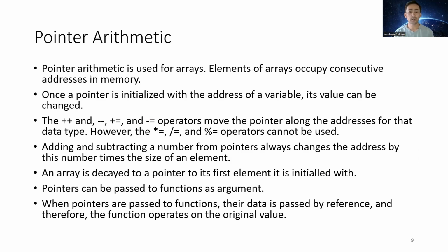We go to pointer arithmetic, which means that we can add and subtract pointers in memory. Pointer arithmetic is mainly used for arrays because all elements have the same data type.